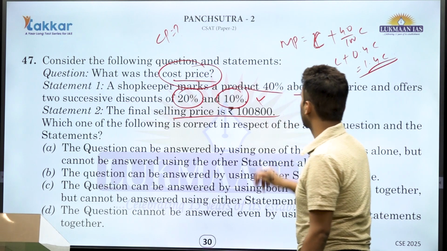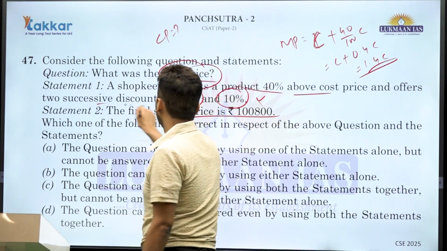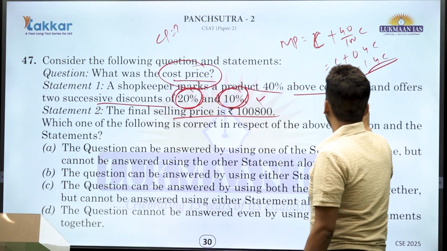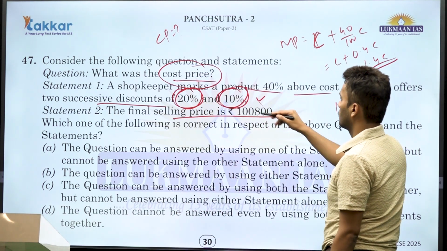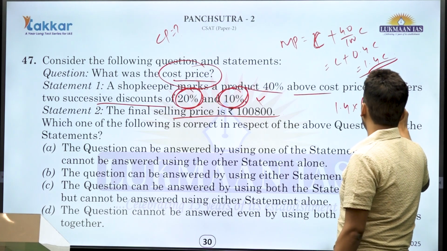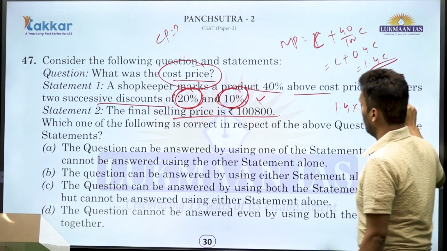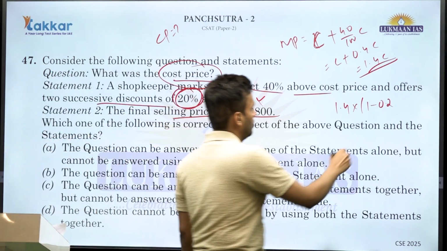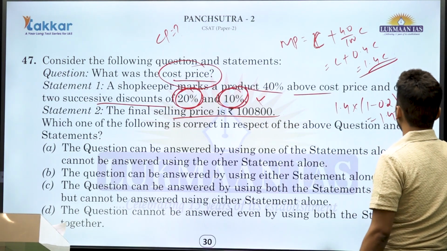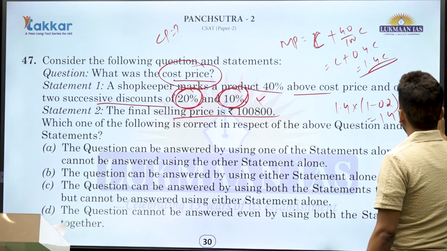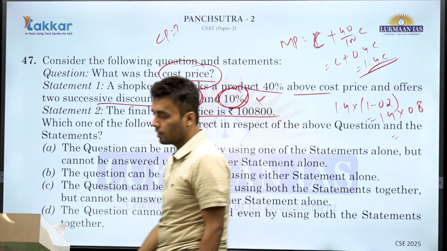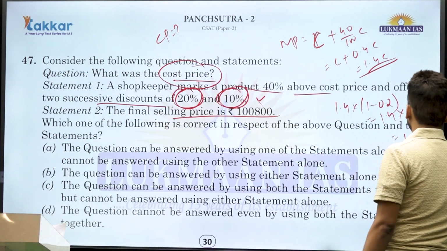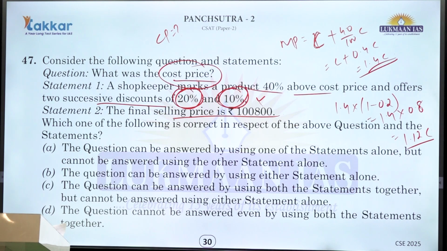The final selling price is given, after a 20% discount and a 10% successive discount. So 1.4 times 1 minus the 20% discount, 0.2, is 1.4 into 0.8, which gives 1.12C.